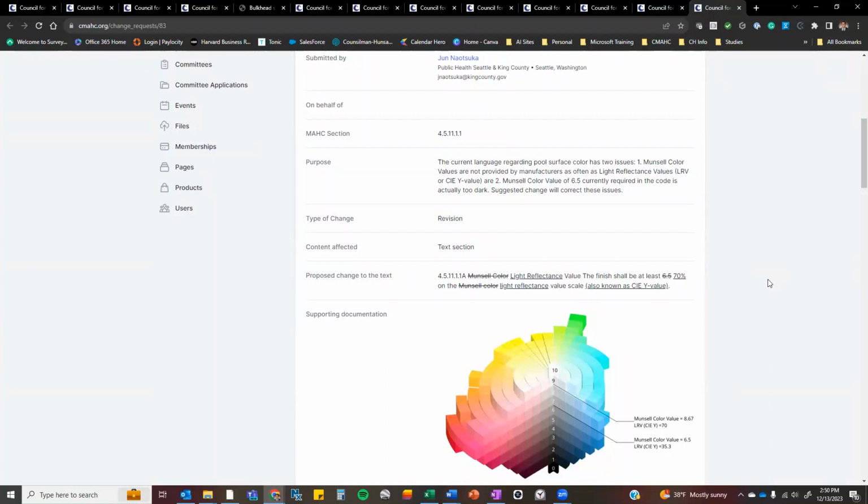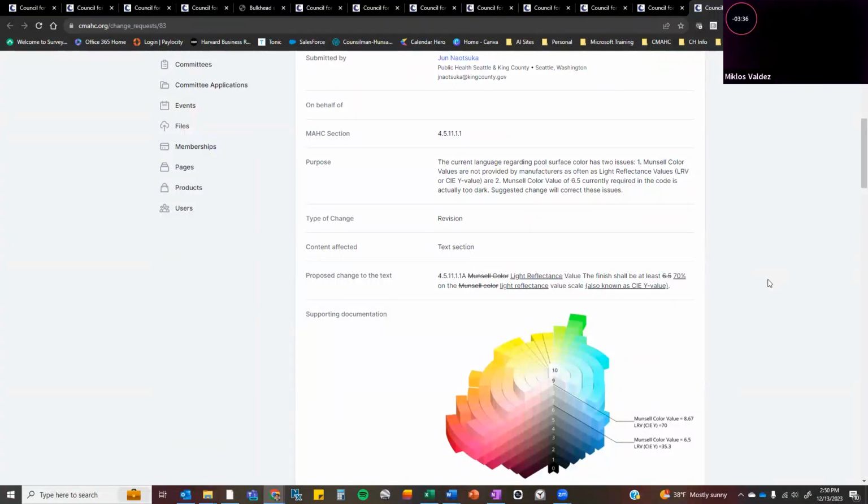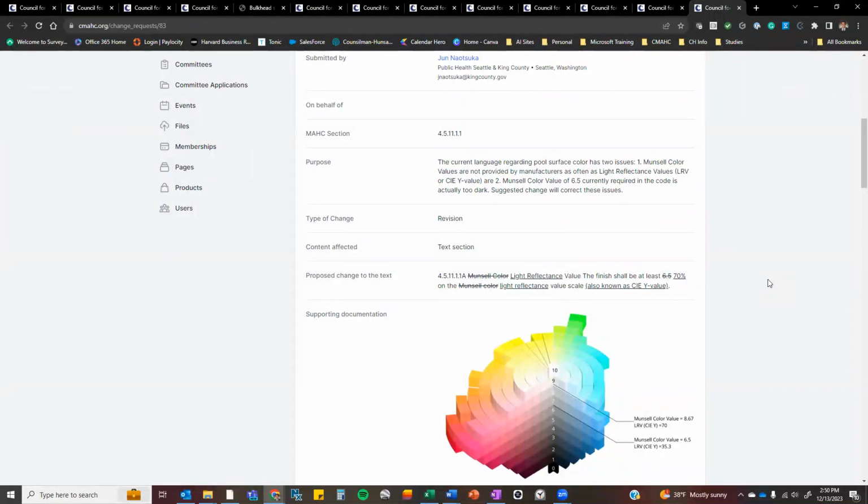So let's see. Basically, the request in the CR is that we change the wording in the MAC from the Munsell color to light reflective value, because that's what the industry uses as a standard versus what we have in the text currently.